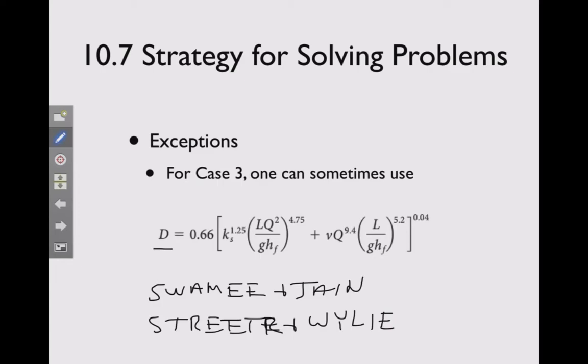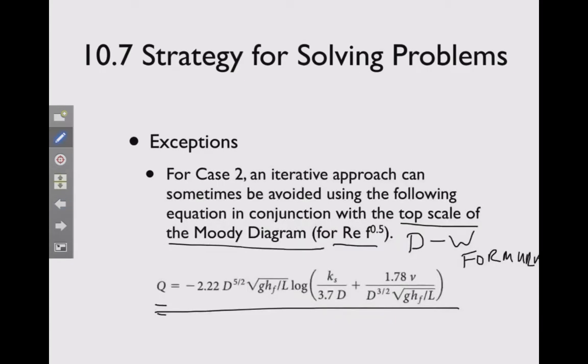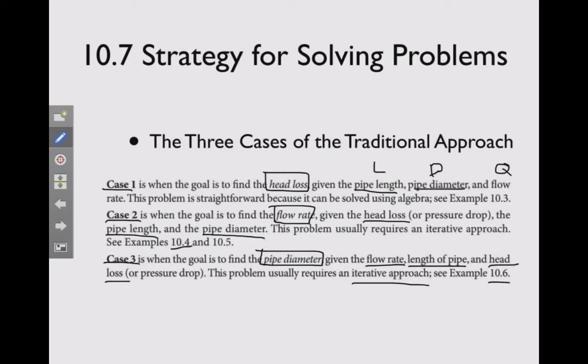But we will work some of these examples to primarily show you this iterative approach, a combination of these 4 examples, and do these in class. Okay, thank you.